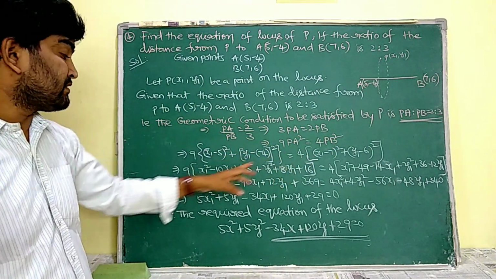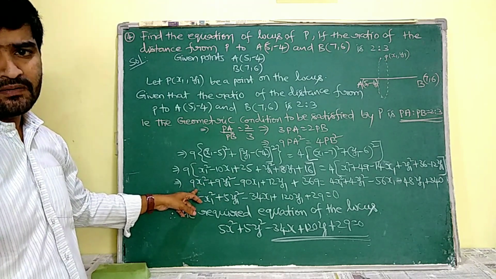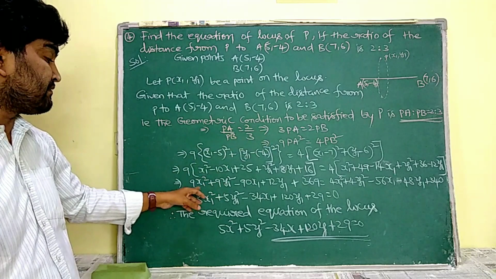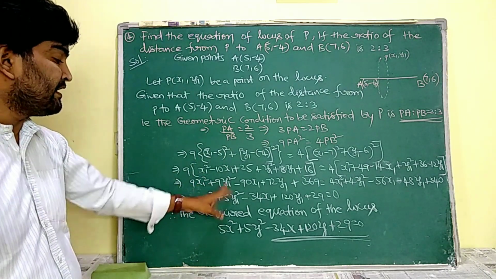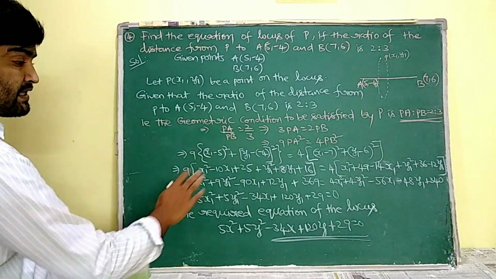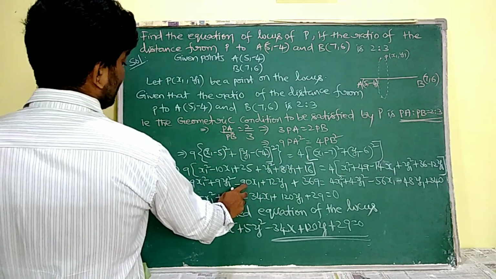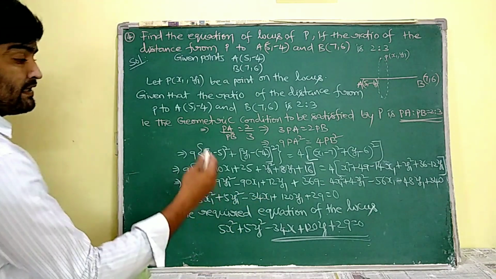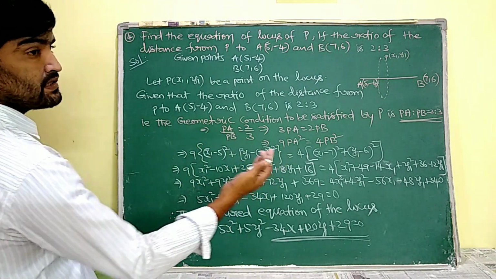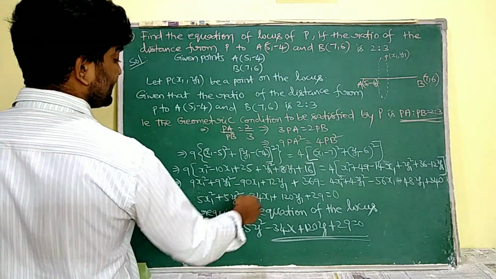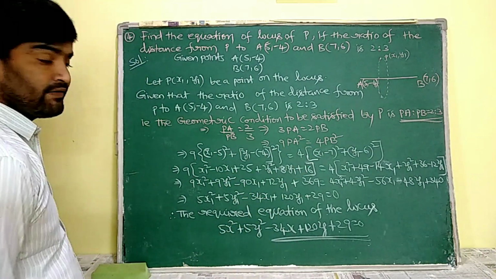So that 4x1 square comes and becomes minus, that is 9x1 square minus 4x1 square, that is 5x1 square. Similarly 5y1 square, that minus 56x1 comes this side and becomes plus, then minus 90 plus 56 is minus 34x1, and that minus 48y1 comes this side and becomes plus. So this 72 plus 48 is equal to 120y1.